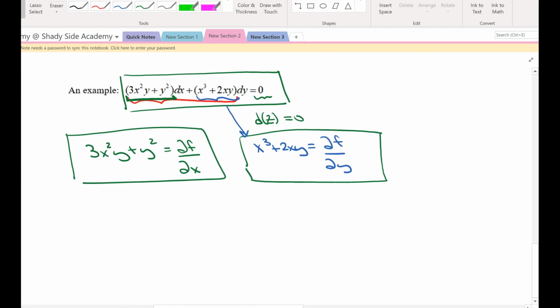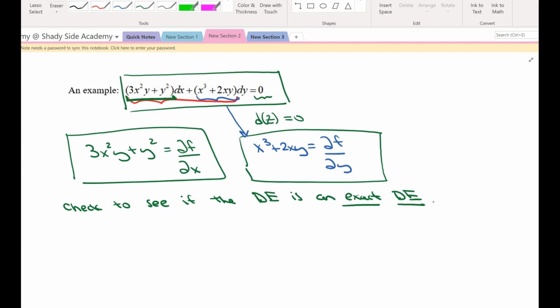The first thing we want to do is check to see if the Diffie-Q is what we called an exact differential equation. Here is the criteria of what an exact differential equation is. First, let me give you some symbols.